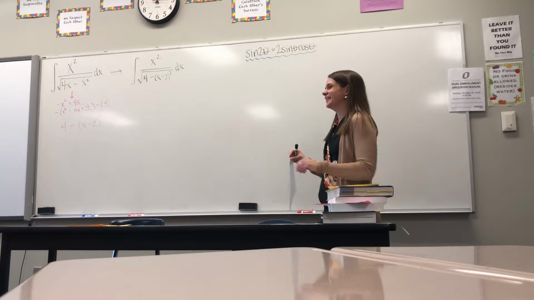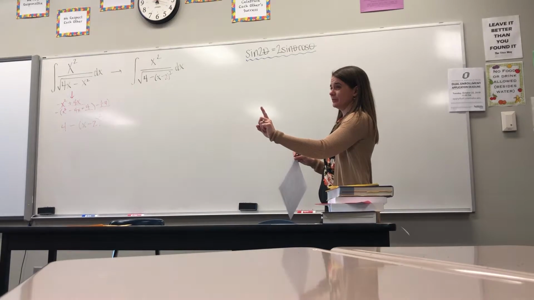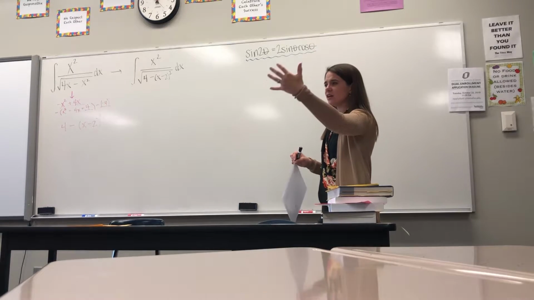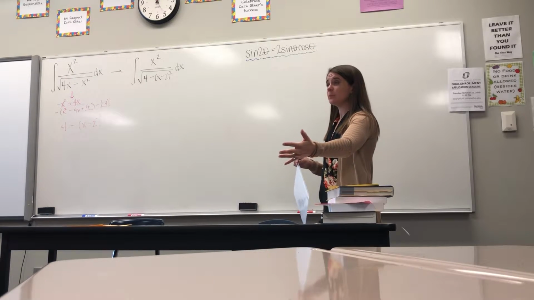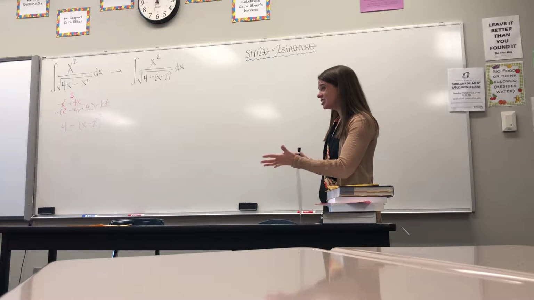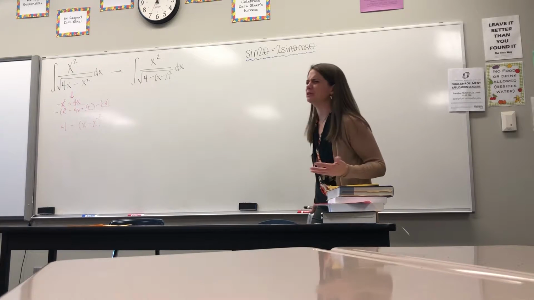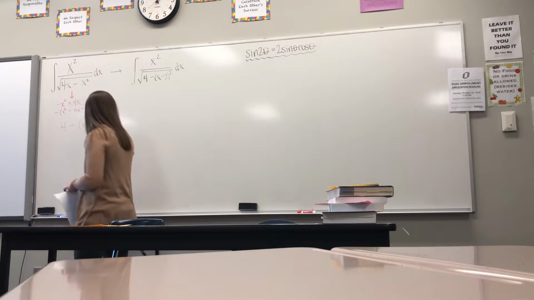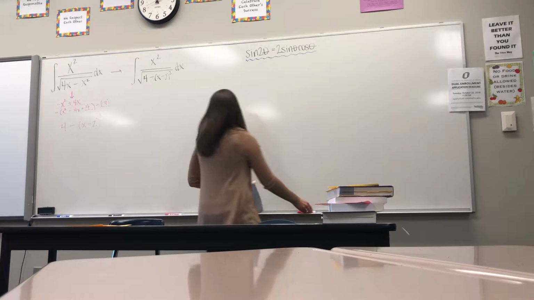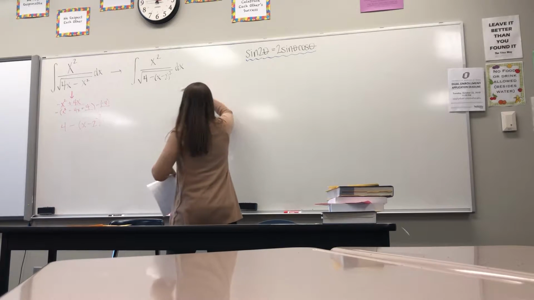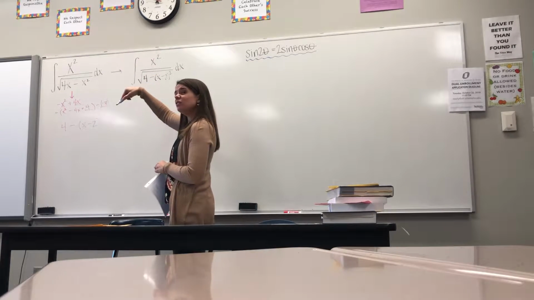Now, our process doesn't change. This is still a great candidate for trig substitution, using which substitution? Sine, cosine, tangent, secant, sine. We don't do a cosine substitution. Now, am I going to let x equal something?